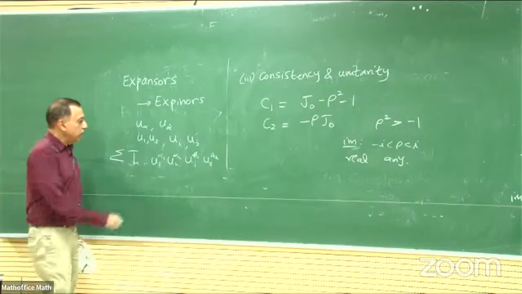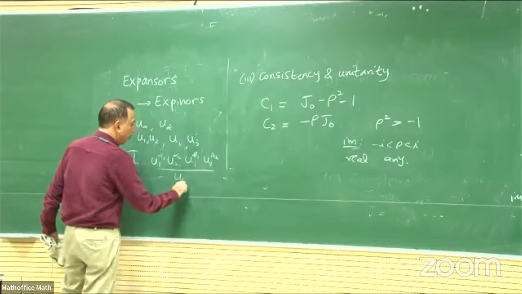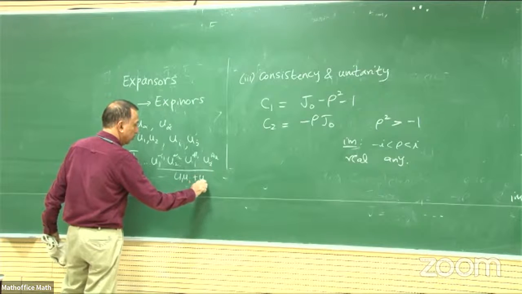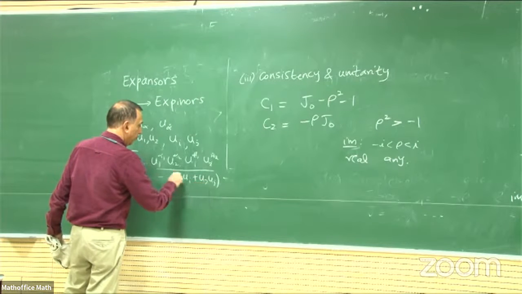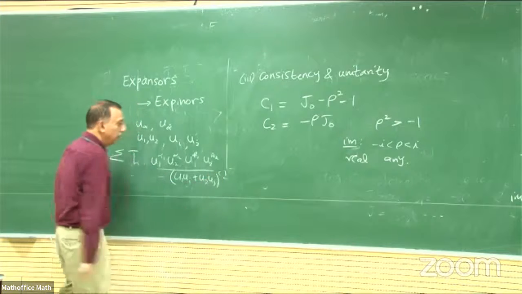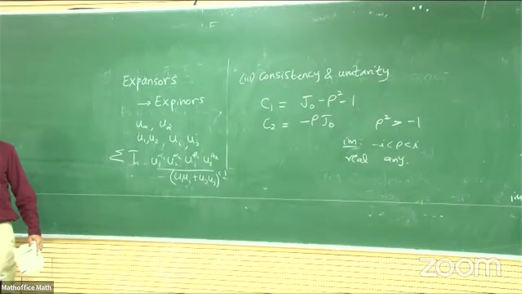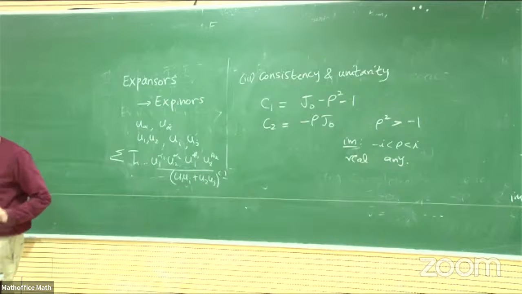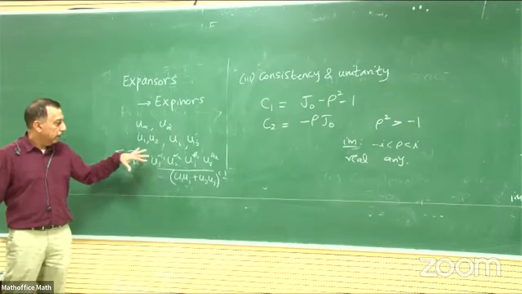So in the end, he has to do something funny like divide by a power of U1 dot plus U2 dot to some power. So it's very complicated. Okay, but whatever it is, he works it out, and he shows precisely that the representations.